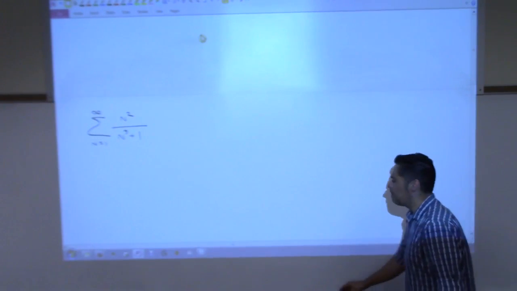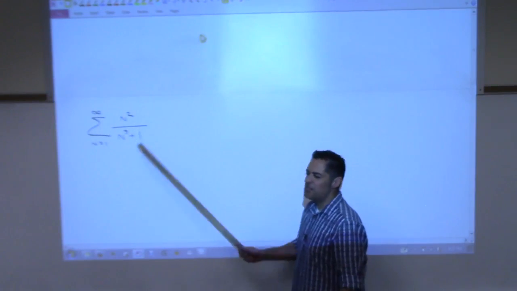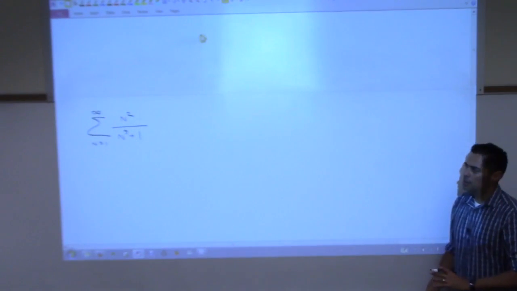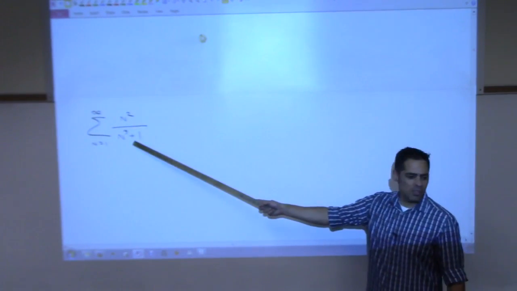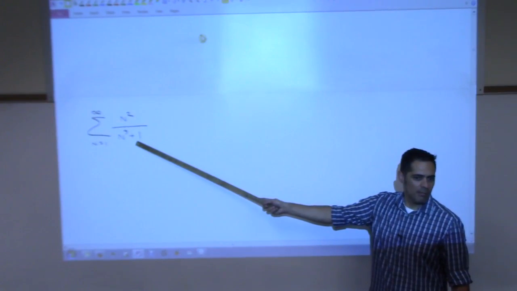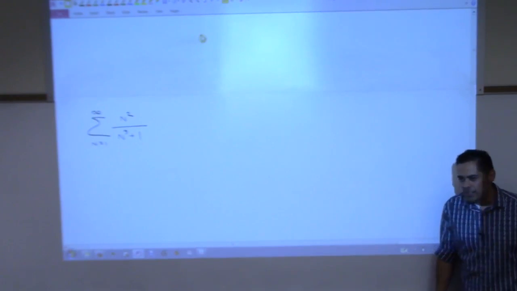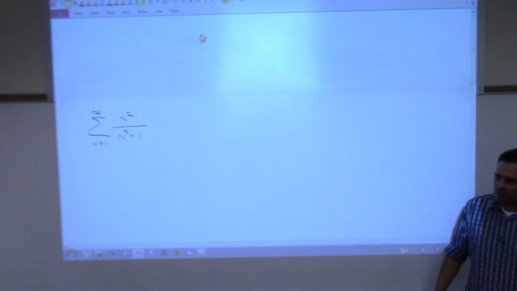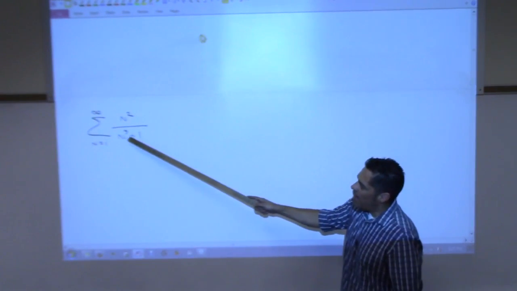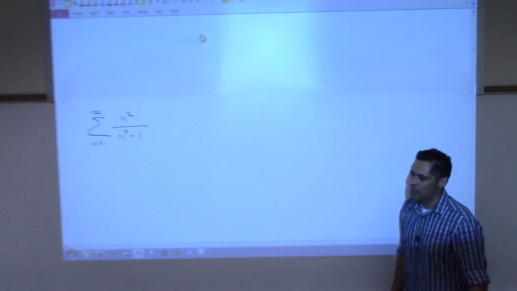So I'd like for you to think about this. If n is a huge number, does this plus 1 really make that much of a difference in the bottom? Like imagine that n is like a billion, gazillion, gajillion, whatever number, right? Then adding a 1 to it really doesn't have that much of an impact on it.